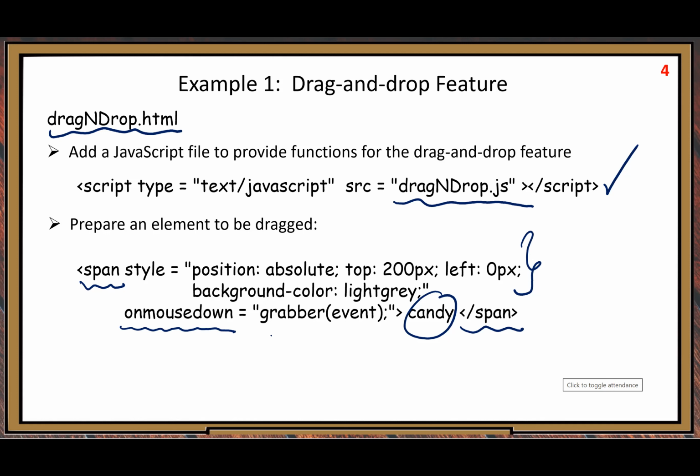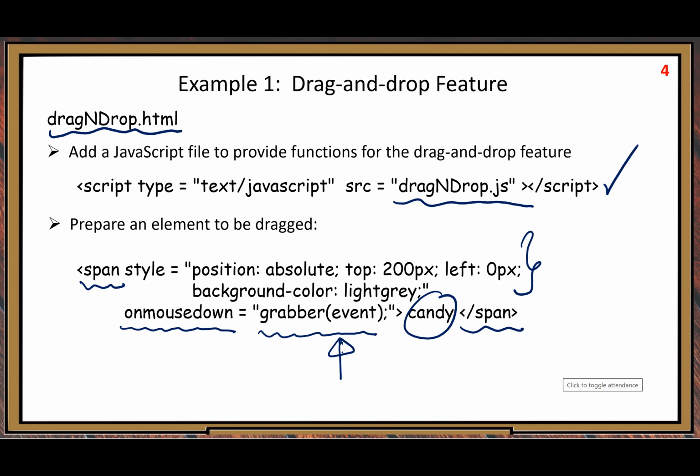When that action occurs, a JavaScript function called grabber is called, and the triggered event object is passed to this function. Then on the next page, we write the code inside this JavaScript function to do the manipulation logic.